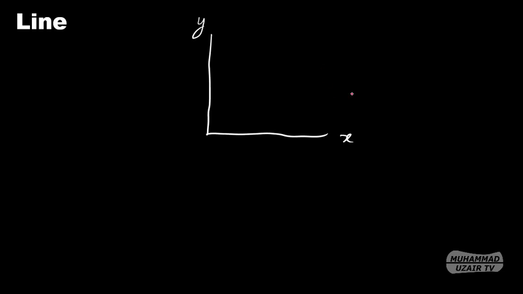So this will be the example of line extended up to infinity. As we can see that there is no end at this side and there is no end point at this side. So this will be the example of a line.